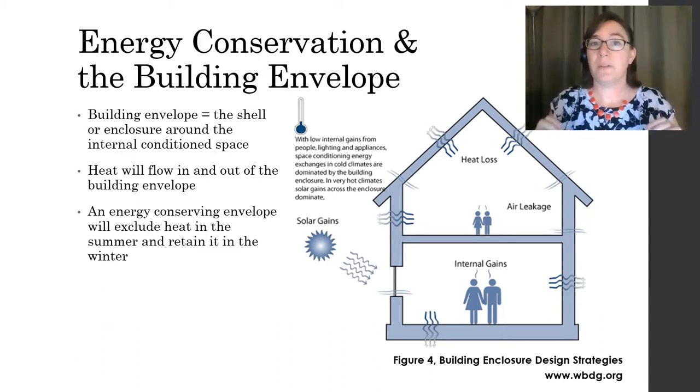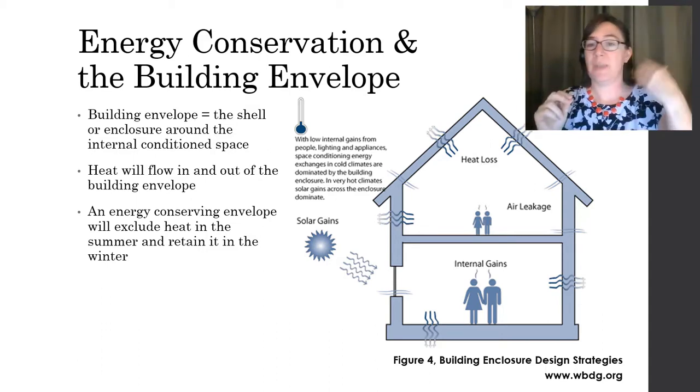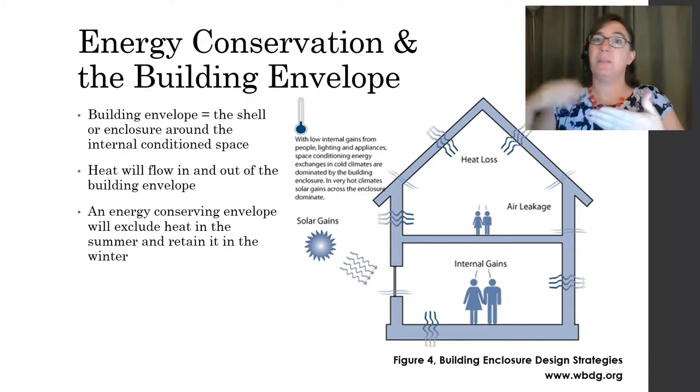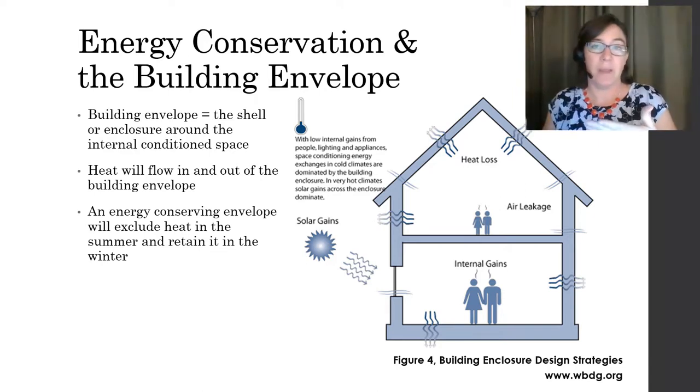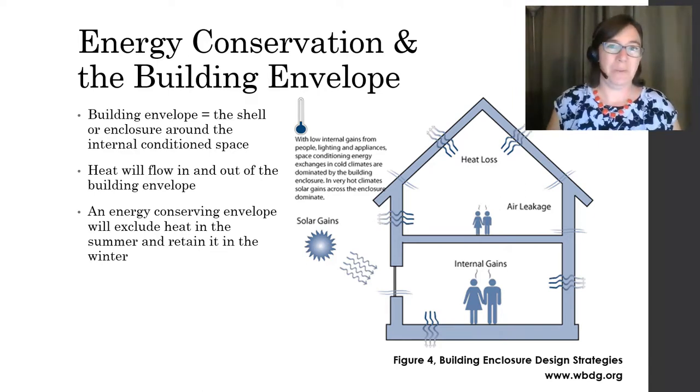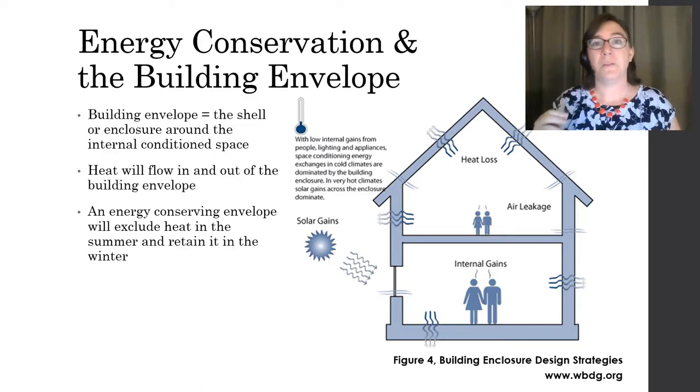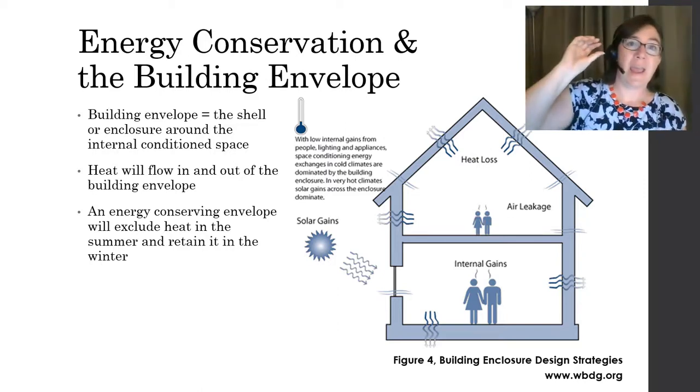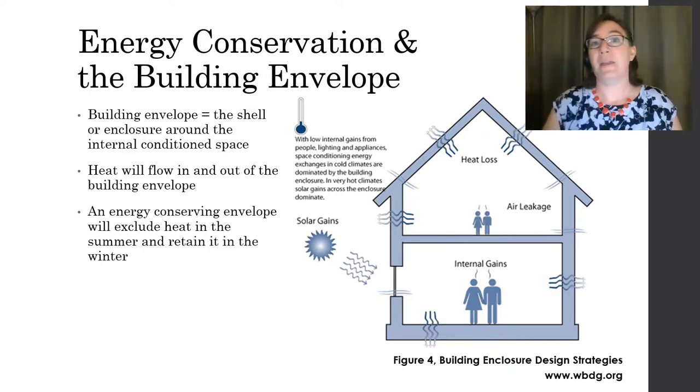For example, a wall in between a living space and the exterior, the outside, would be part of the building envelope. Also, a floor in between a living room or a heated space and an unheated crawl space would also be part of the building envelope.